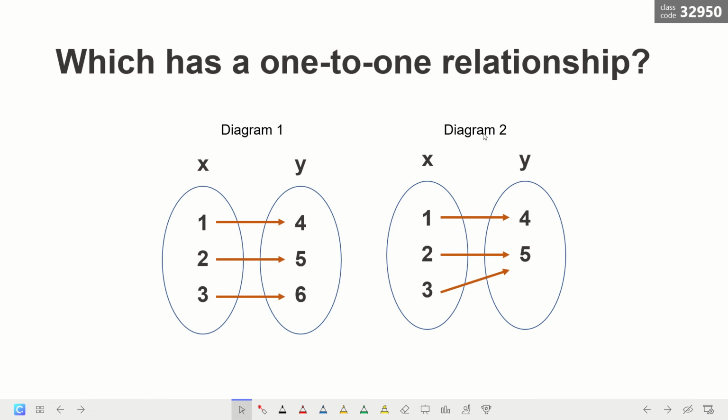So between these two diagrams, which one has a one-to-one relationship? Between diagram 1 and diagram 2, only diagram 1 has a one-to-one relationship.